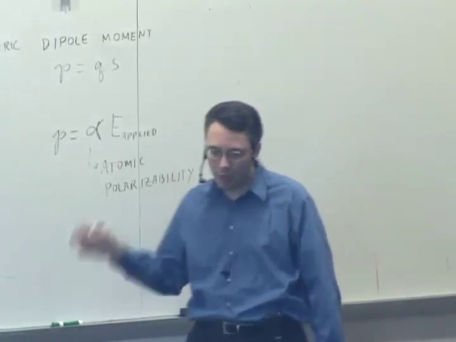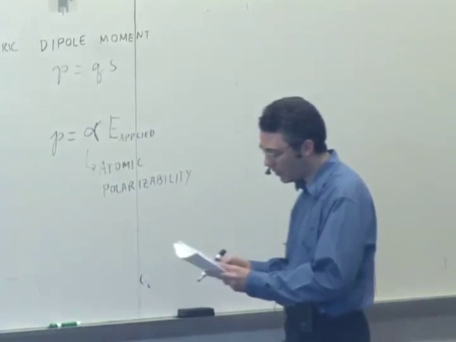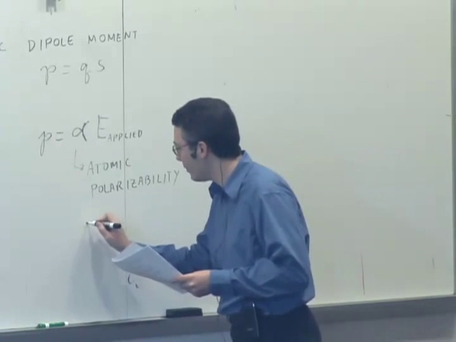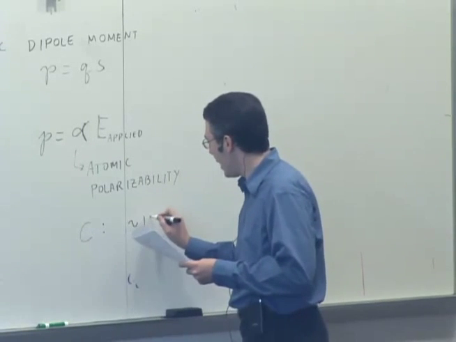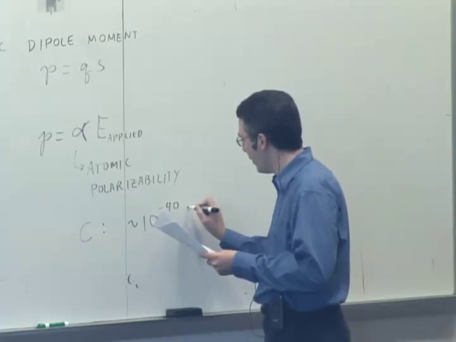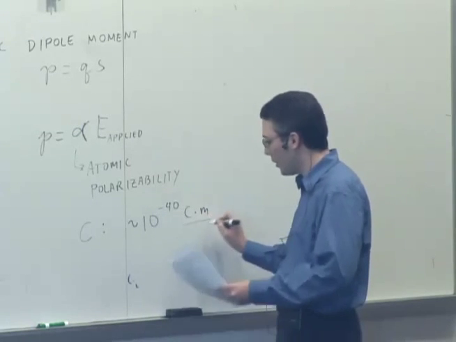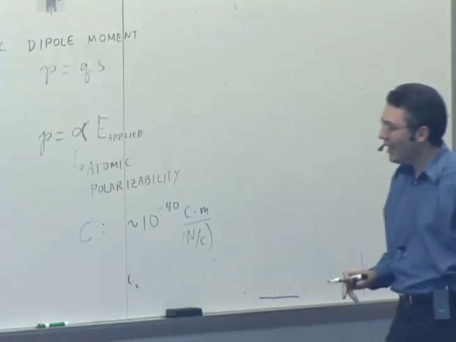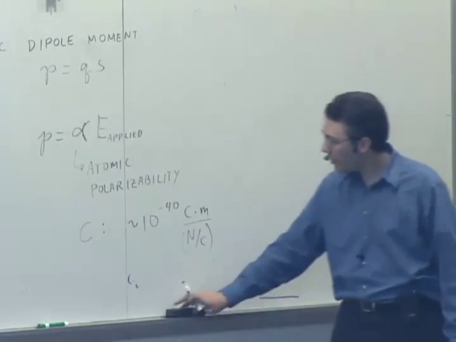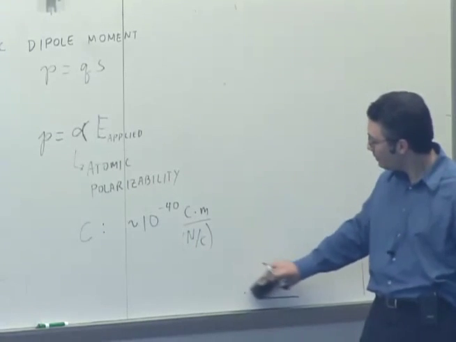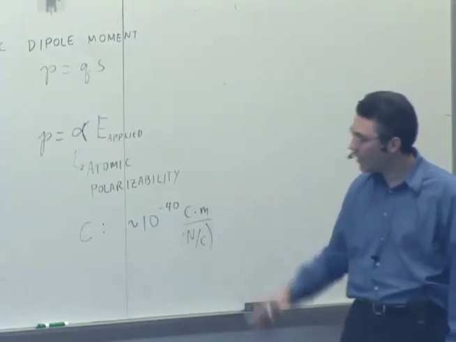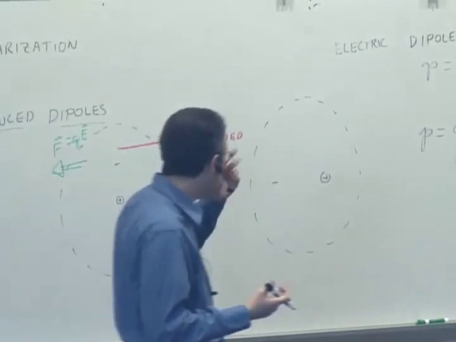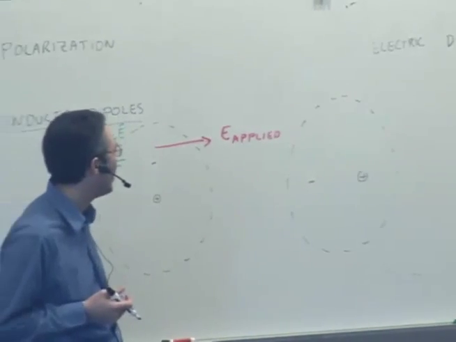Okay, so for example, a carbon atom has a particular atomic polarizability of something like 10 to the minus 40, and the units are coulomb meters over newtons per coulomb. Again, it's just a parameter or a property of the material, and the larger the atomic polarizability, the more it's going to polarize, the bigger the dipole moment's going to be when you apply the same electric field.